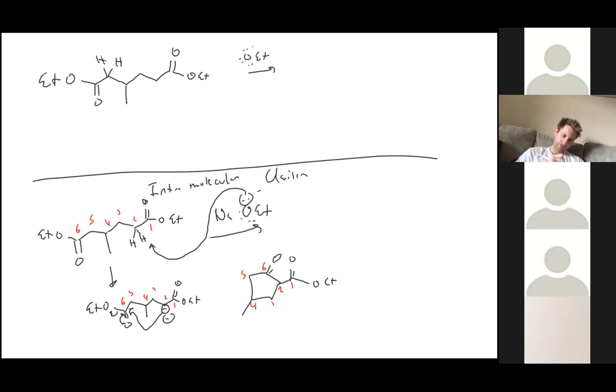We can make a different enolate. It's going to lead to a slightly different product. I drew this weird. Where we're now attacking the other ester here.